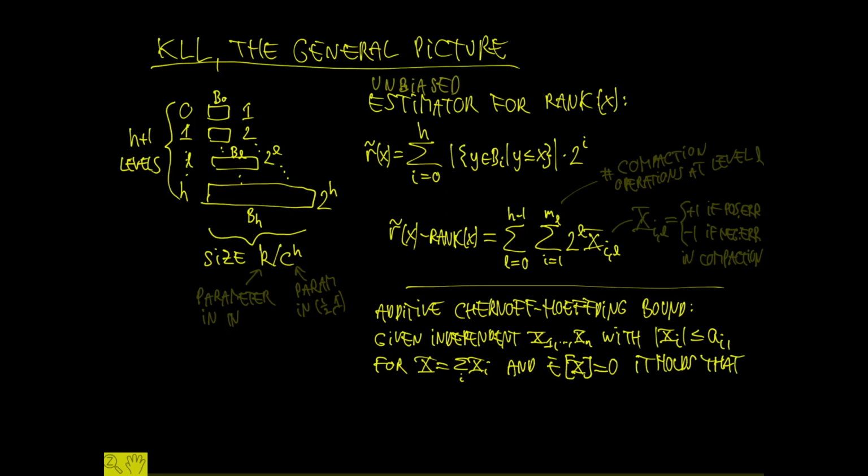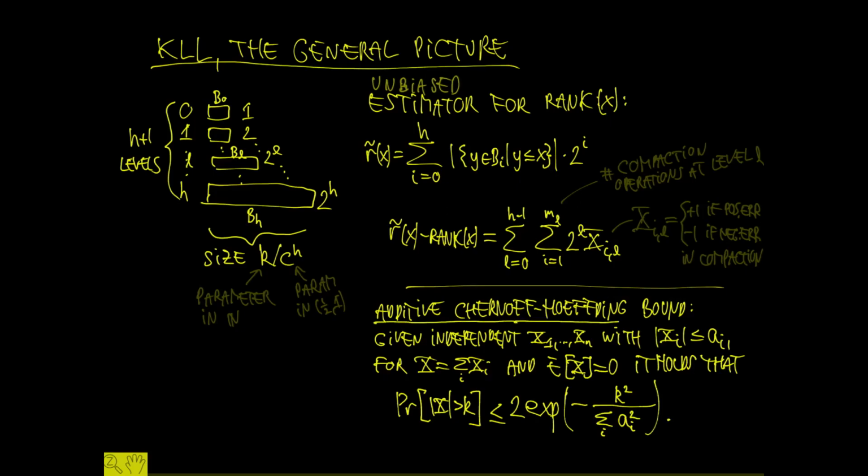We look at the sum of these random variables, assuming that the expectation is 0. Now the probability that the absolute value is greater than k is exponentially small in k squared, divided by the sum of the squares of all the AIs multiplied by 2. This is fact 1.4 from the book, or a special case of that.